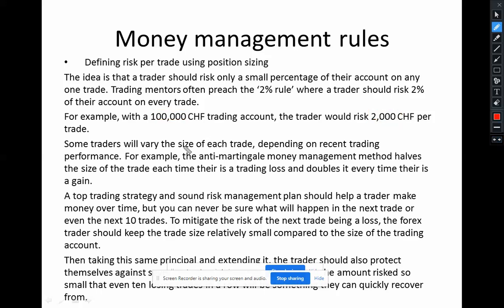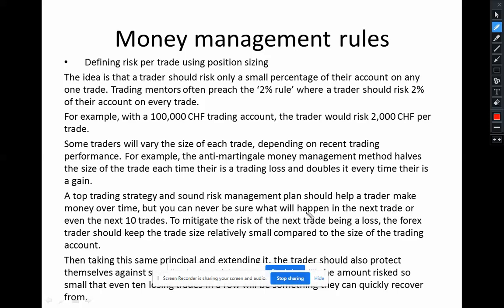Some traders will vary the size of each trade depending on recent trading performance. For example, the anti-martingale money management method halves the size of the trade each time there is a trading loss and doubles it every time there is a gain. A top trading strategy and a sound risk management plan should help a trader make money over time.